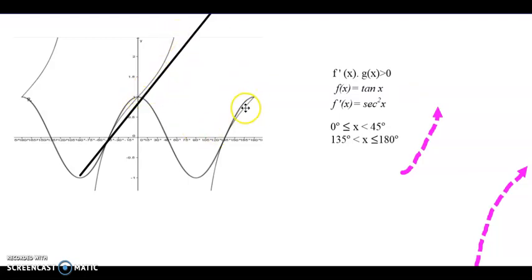There are no negative gradients, so there won't be a negative value for the derivative of the tan graph multiplied with the cos graph to be greater than 0. So that is the answer. It was asked twice in an exam question already. So I hope that one is very insightful for you as well.